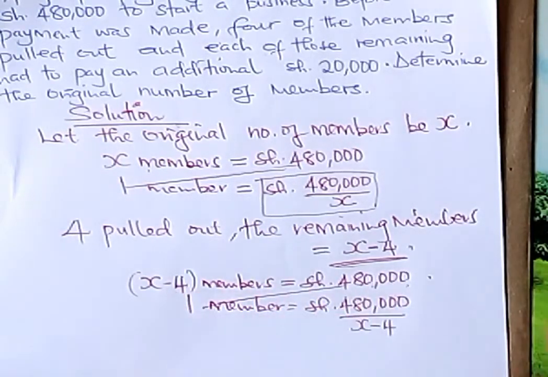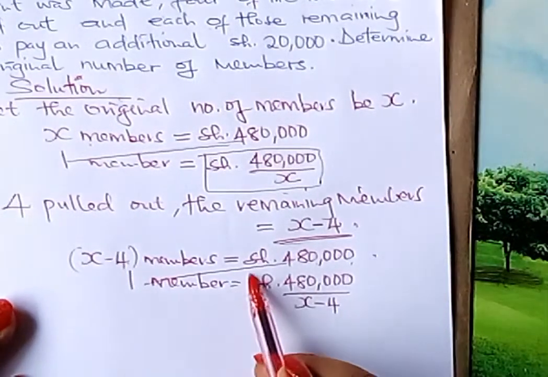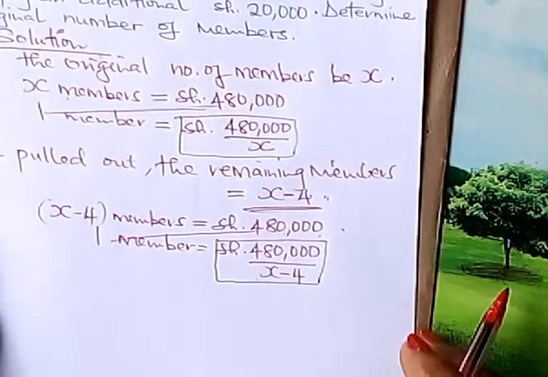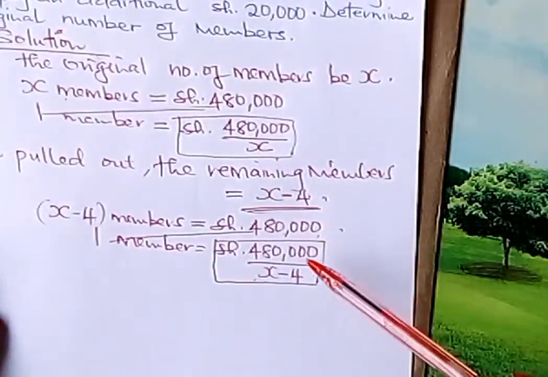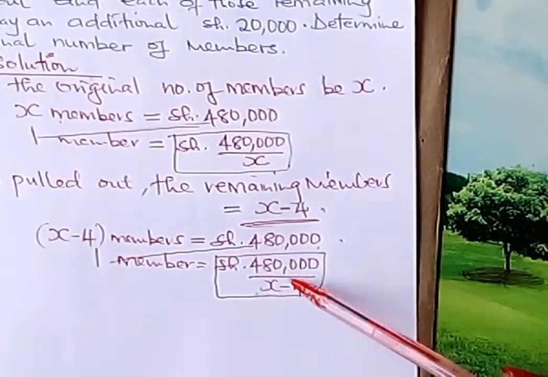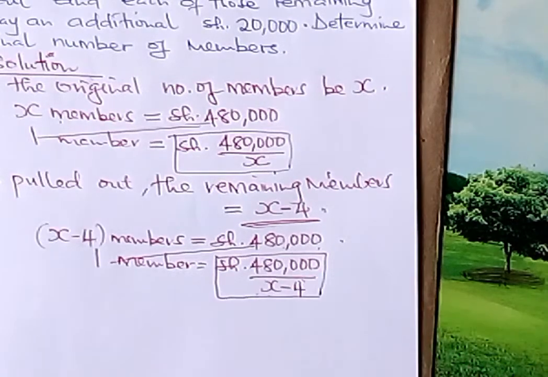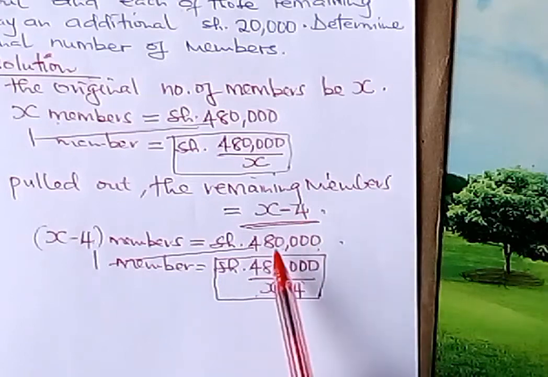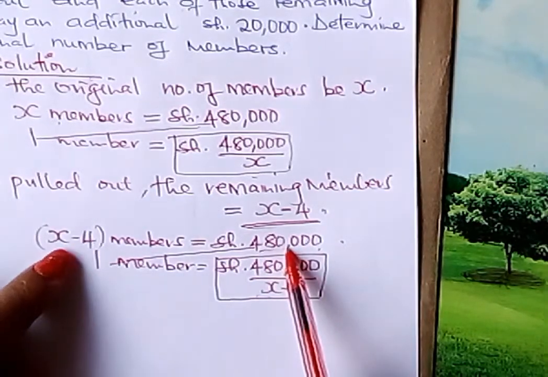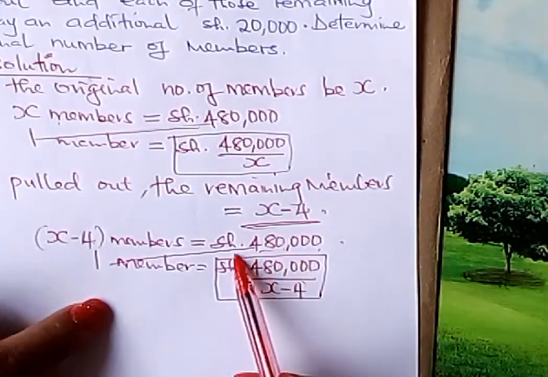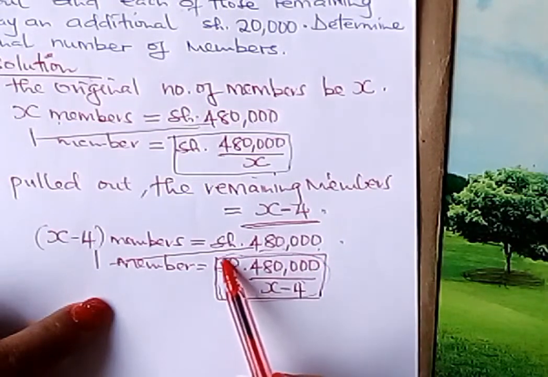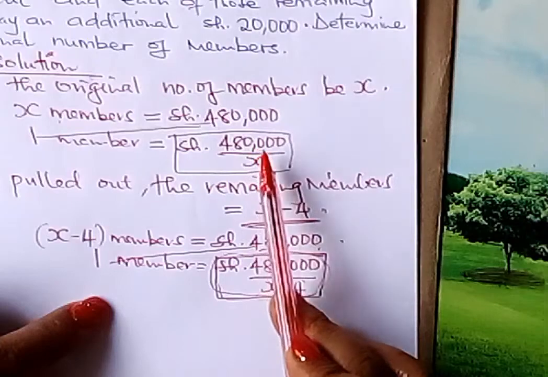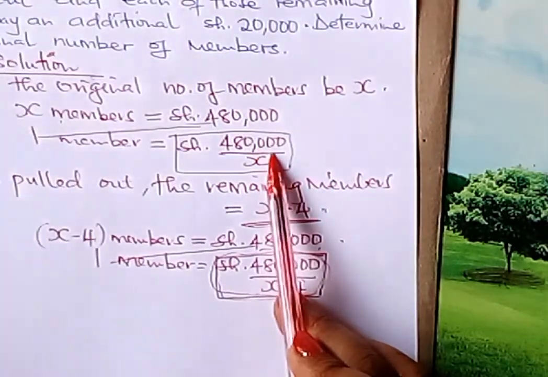And therefore, each member now is contributing this. It is important to understand that the amount contributed by one person now is more, because they are contributing the same amount and now they are less. So the amount contributed by one person is more than what was being contributed at the beginning.